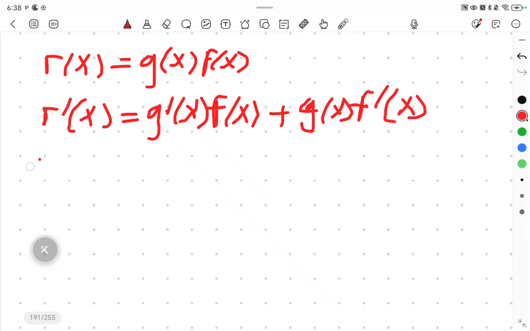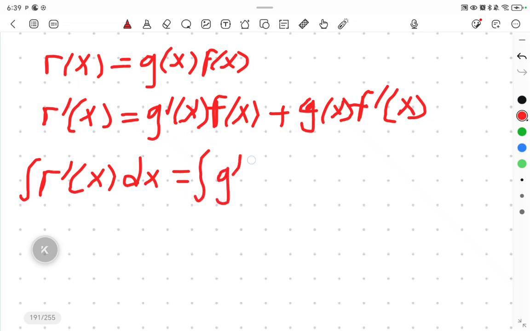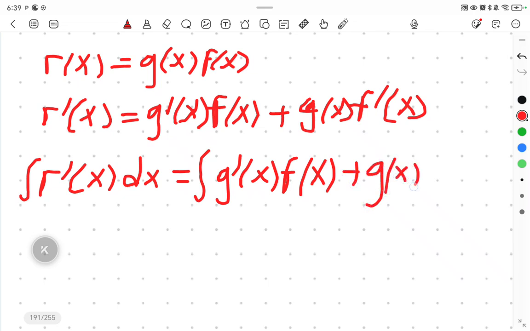Then I can apply the integral on both sides. This will be the integral of g'(x) f(x) plus g(x) f'(x) dx.